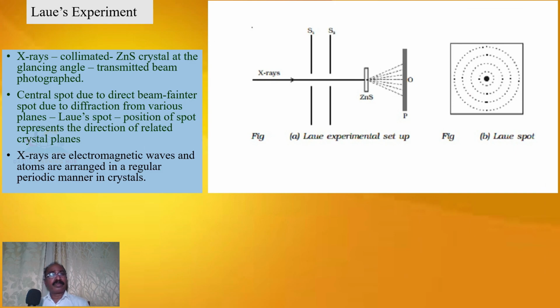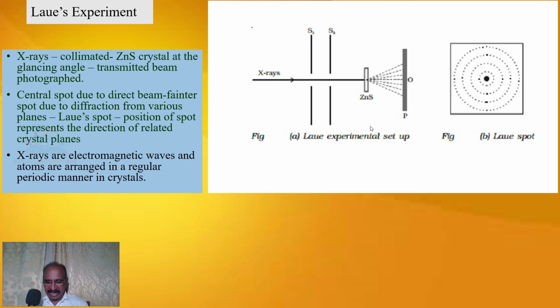And now, what is meant by Laue's experiment? Laue performed this experiment the same as that of the Bragg spectrometer. He placed a zinc sulfide crystal in the X-rays and had a photographic plate, and he found a central spot followed by a circle of low intensity spots, and these spots are called the Laue spots. Their positions represent different crystal planes.